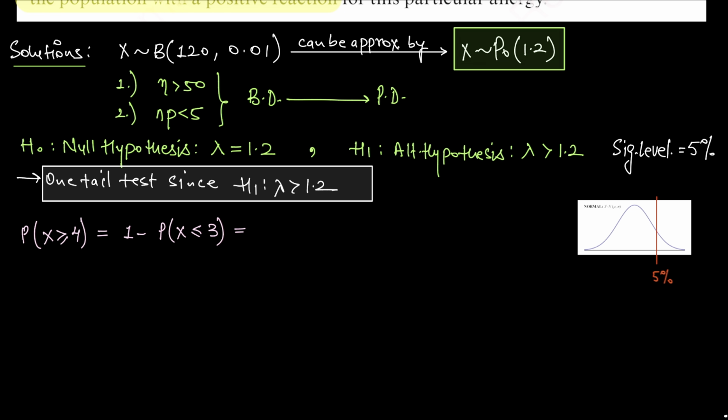Now this can be calculated by using Poisson distribution as 1 minus e raised to power minus 1.2, bracket 1 plus 1.2 plus 1.2 raised to power 2 over 2 factorial plus 1.2 raised to power 3 over 3 factorial, close the brackets.